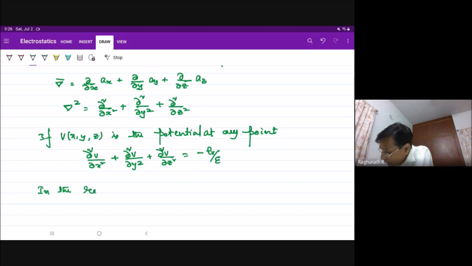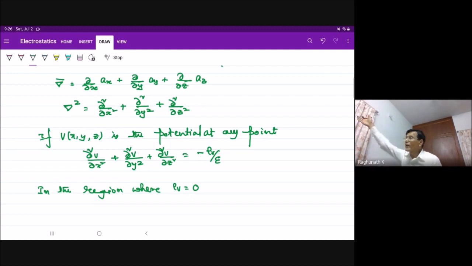In the region where rho V is equal to 0, we know that potential can be there everywhere, in the charged region as well as uncharged region. Some point charge is there somewhere, also everywhere there is a potential.